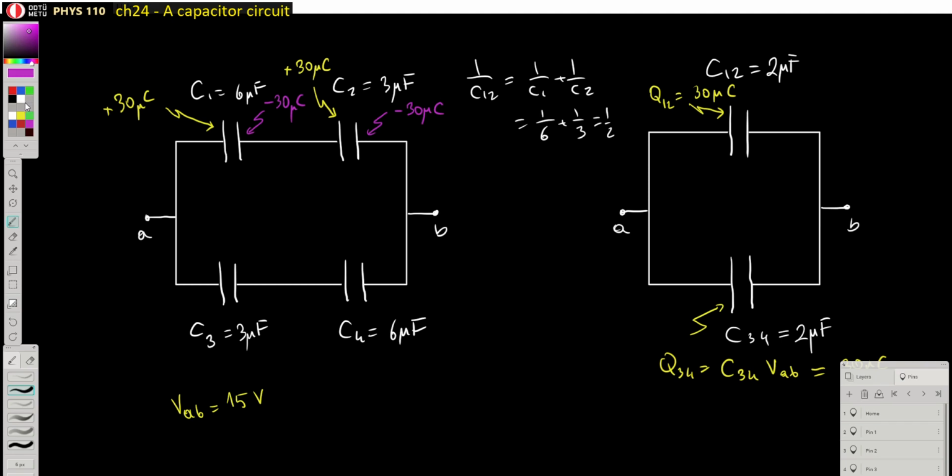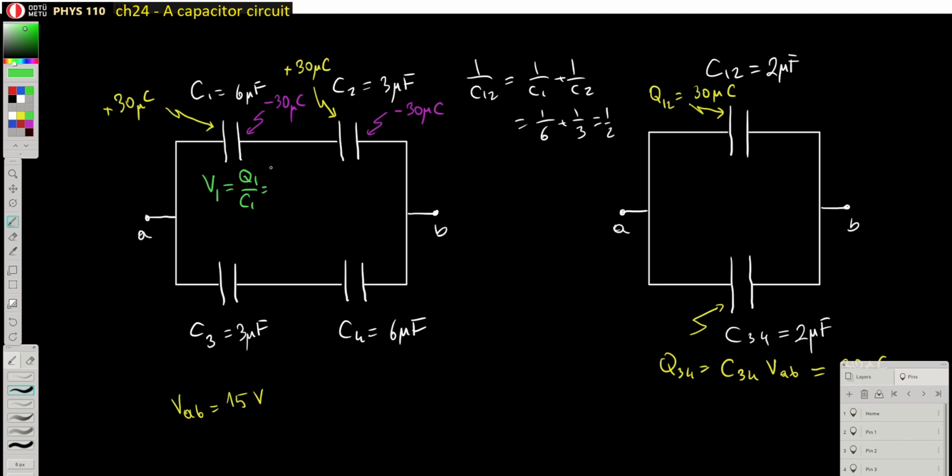In any case, what's happening in here is that this charge should be the same on all of the capacitors which are connected in series, which means that they have a different potential drop. So I'm going to use a color like, I don't know, green, let's say, to write down the potential in here. So this V1 in here is basically the charge on this capacitor divided by its capacitance.